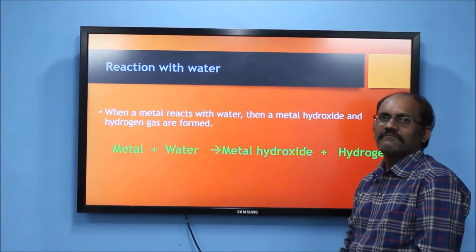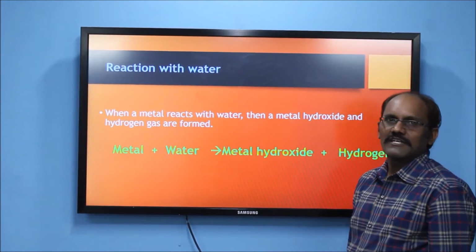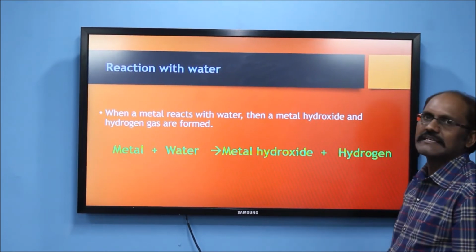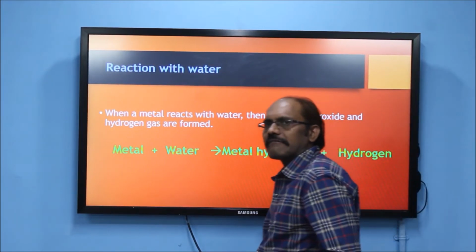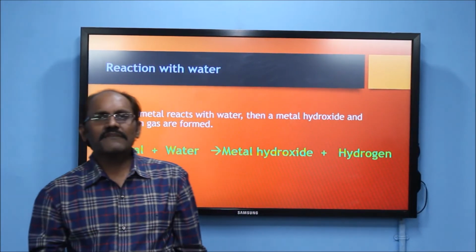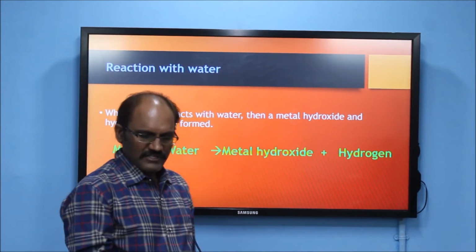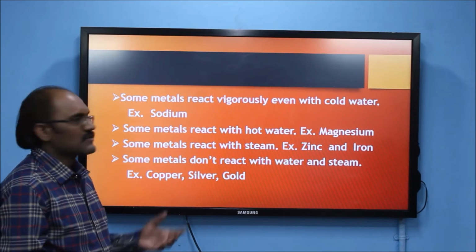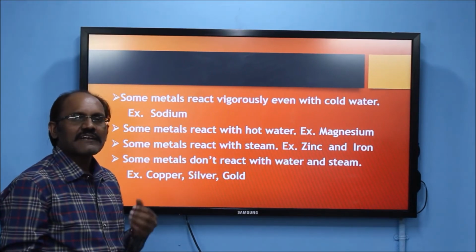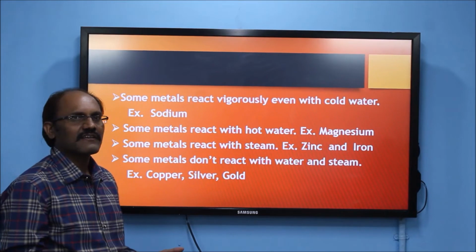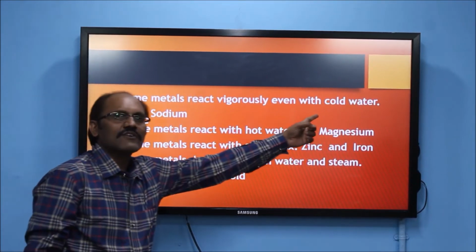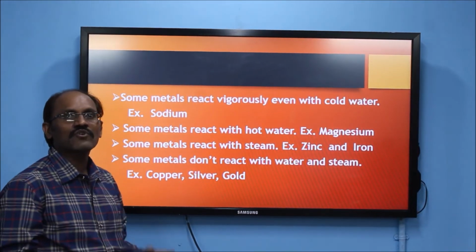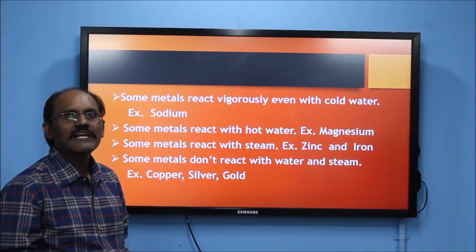Reaction with water. When a metal reacts with water, it produces metal hydroxide and hydrogen gas. And there are various metals. The different metals react with water with different speeds. For example, sodium is a metal which can react with water vigorously even though water is cold water. So sodium metal can react even with cold water very quickly.